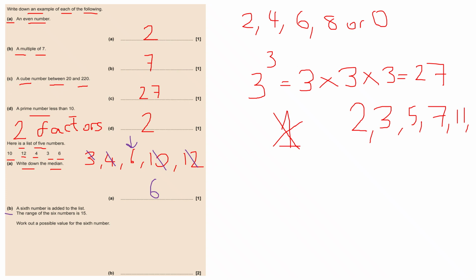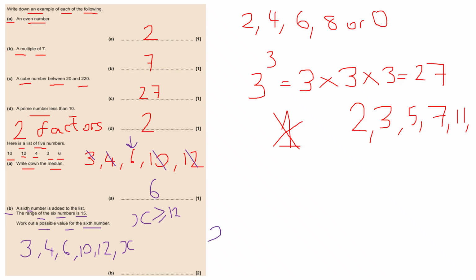Next up, part B, a sixth number is added to the list. The range of the 6 numbers is 15. Work out a possible value for the 6th number. So we've got the list 3, 4, 6, 10, 12, and let's call this last number X. It's saying that the range, which is the difference between the largest and the smallest number, in this case, obviously X is bigger than or equal to 12, to fit this narrative, is 15.